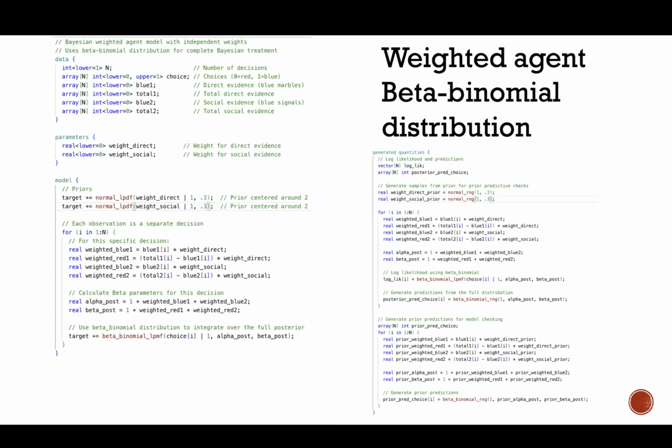But in the weighted Bayes, we actually have the weight for direct, the weight for social. We have a prior for the weight for direct and the weight for social. Here I put them as normally distributed with the mean at 1. So they're giving equal weight to both of them, taking them at face value, and a standard deviation of 0.3.